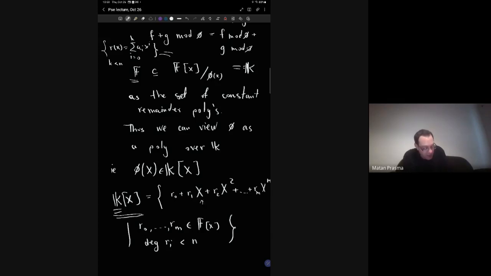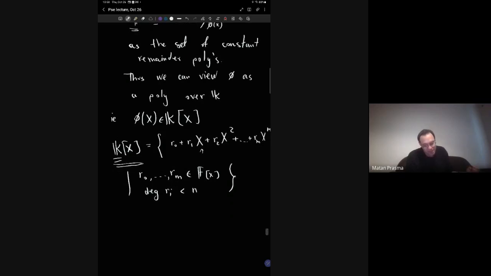Now I just took the variable and made it a bit different. If you wish, you can write it also, it would be a bit cumbersome, but you could also write R0 of x plus R1 of x times the capital X plus R2 of x times X squared, and so on.